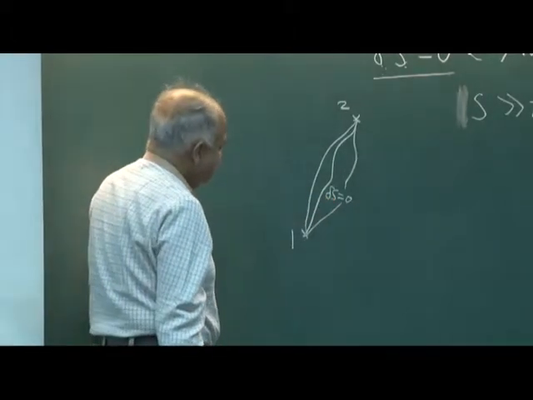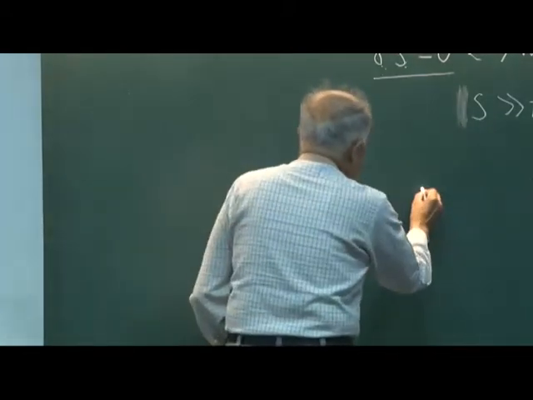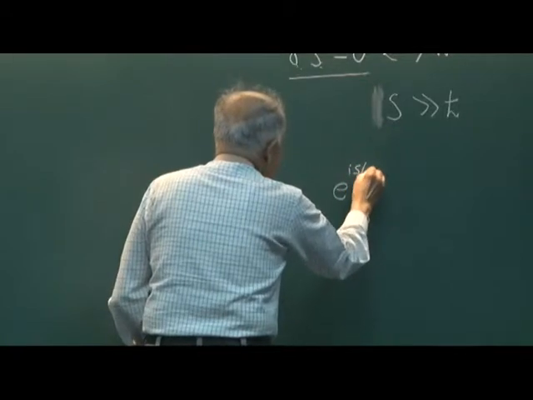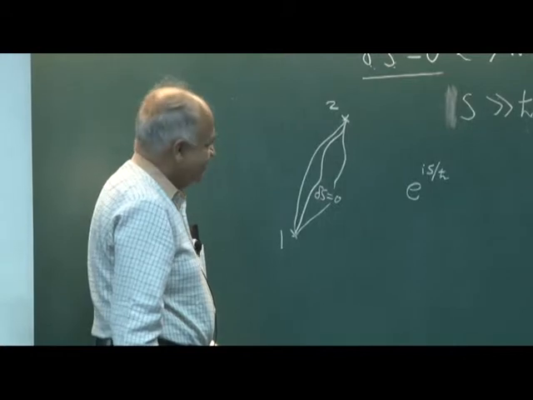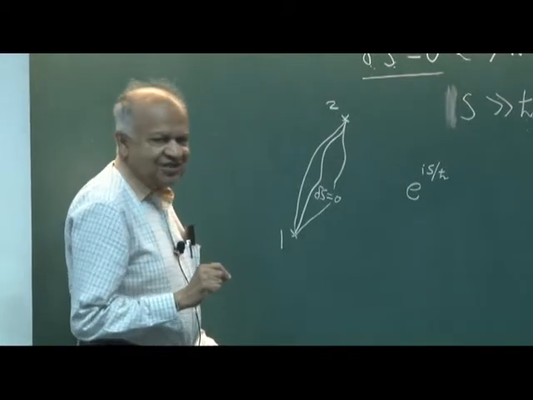So, what you do is you say that each can be ascribed a probability amplitude e to the power i S over h cross. So, this is the formula or rule which Feynman introduced.